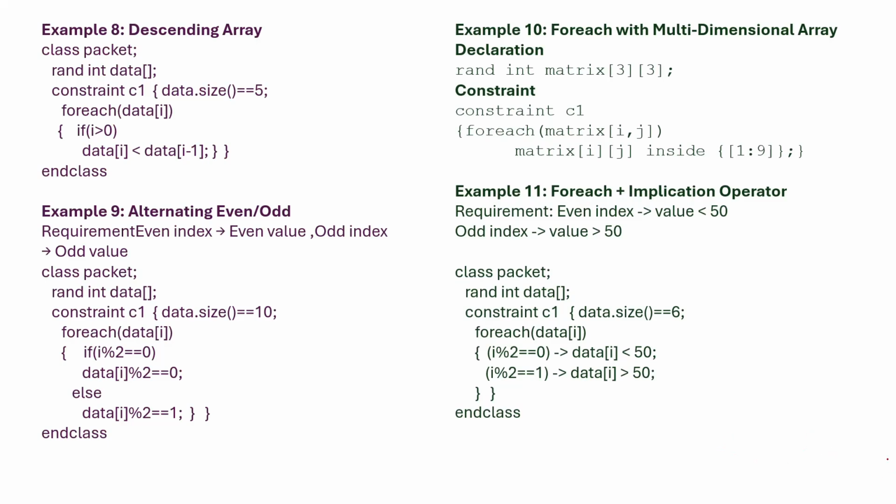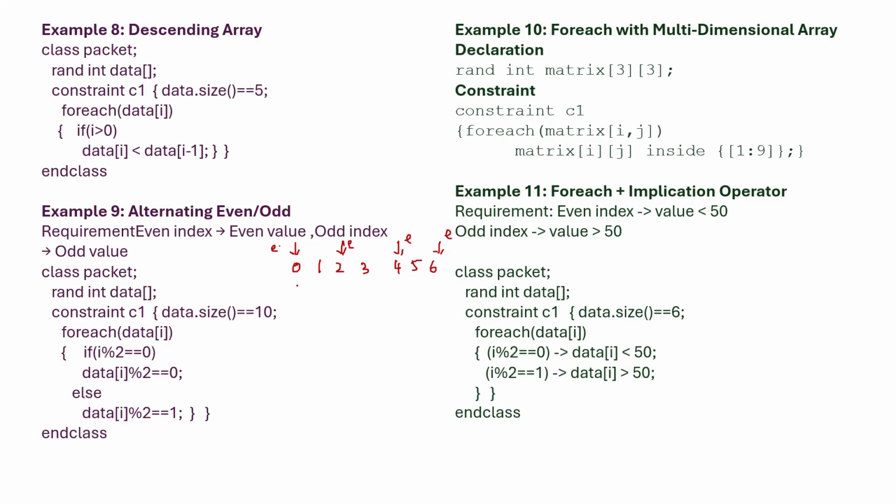Even location means what? This is the location, right? Zeroth index, this is the location. 0, 1, 2, 3, 4, 5, 6. These are the locations, right? What are the even locations? This is even, this is also even, this is also even, and this is also even.